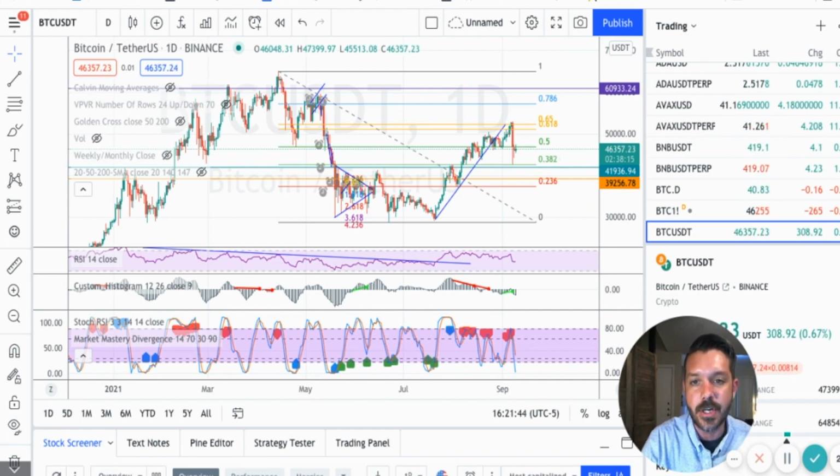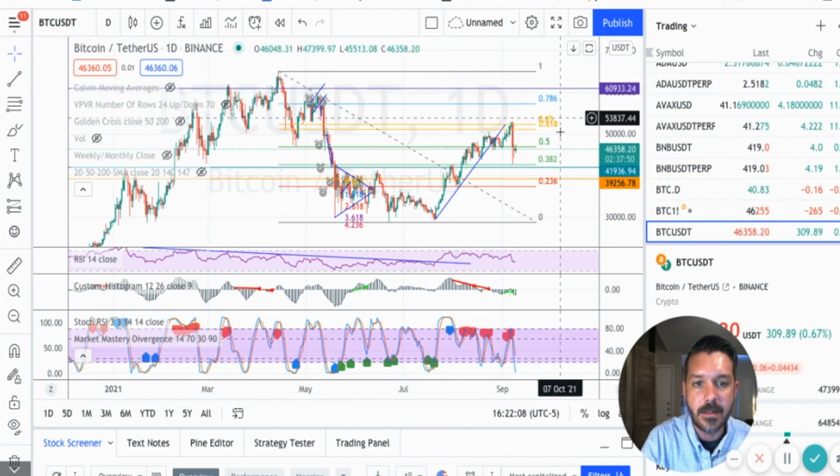And so a lot of traders use the Fibonacci numbers to understand where key areas of resistance and support might be. We pull it from the high back in April to the low in, when was that, June of '21. And it shows us all of these different lines.